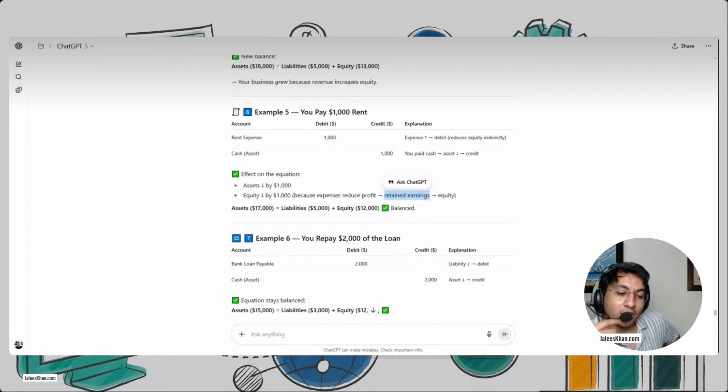So that's why it is impacting my equity. That's the concept here. That's why we decrease it from 13 to 12, and here we have assets 17, and it is the sum of these liabilities and equity.